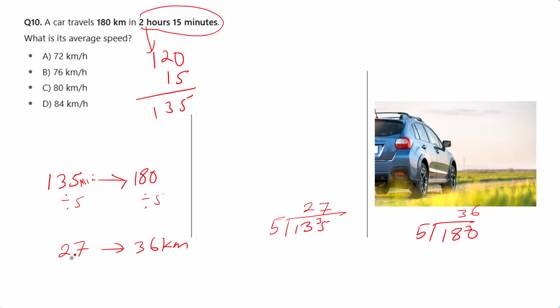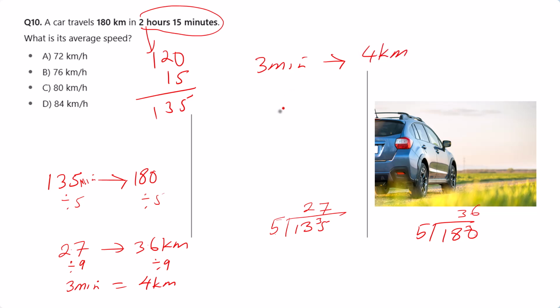Can you see that if I divide this one by 9, and divide that by 9, I'm going to end up with 3 minutes? Isn't it? And then if I divide this by 9, I'm going to end up with 4 kilometers. So what we are saying is that in 3 minutes, the car travels 4 kilometers.